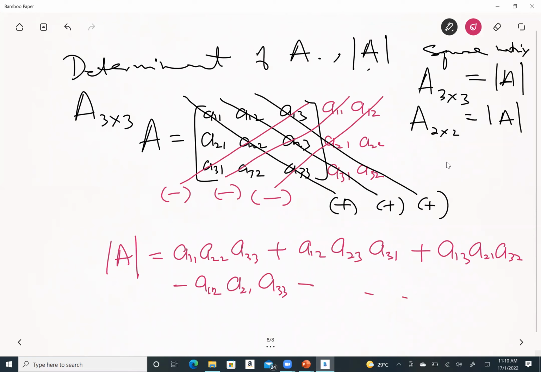But you don't have to remember all that. We just follow this rule here and do the multiplication according to the diagram.